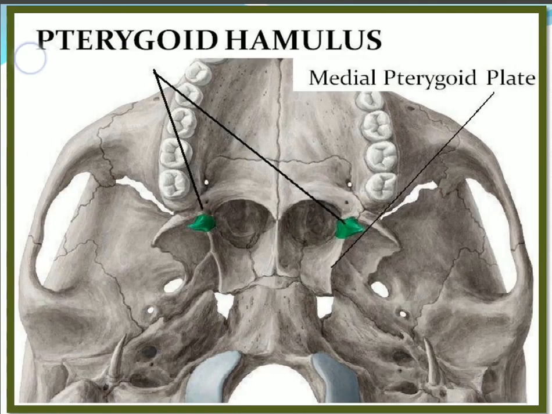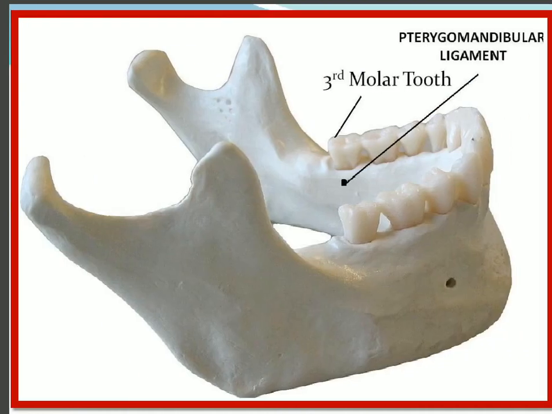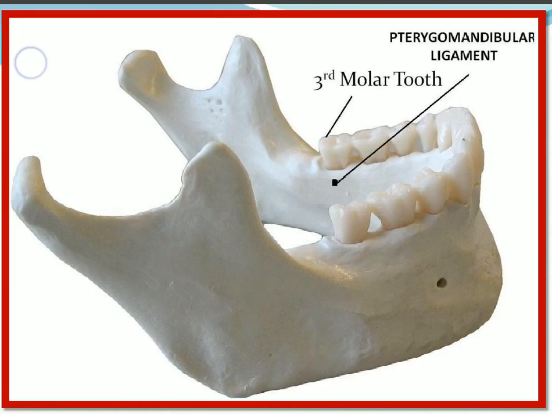So in this basal view of the skull bone, these are the medial pterygoid plates, and this portion is referred to as the pterygoid hamulus on both sides. So the pterygomandibular ligament extends above from this and then gets inserted somewhere here into the inner aspect of mandible just behind the third molar.